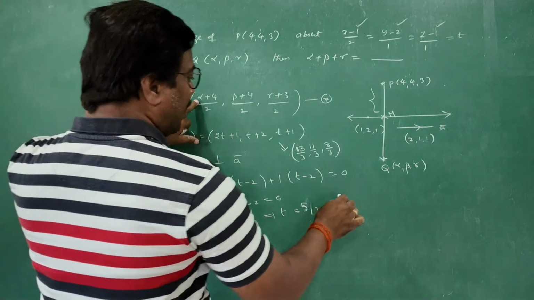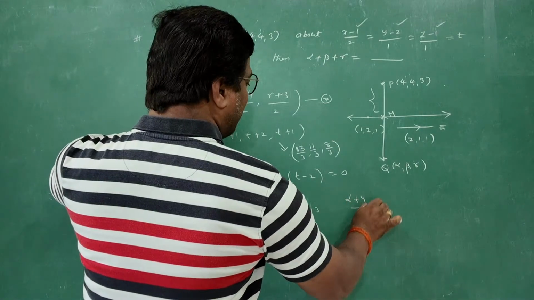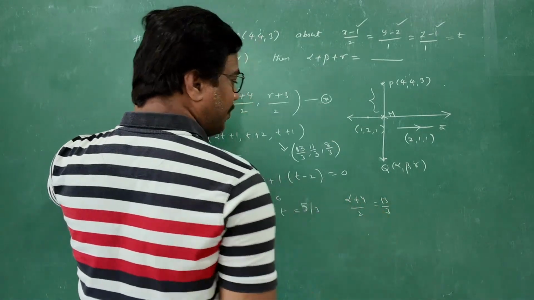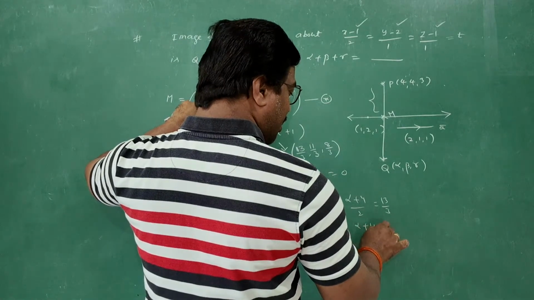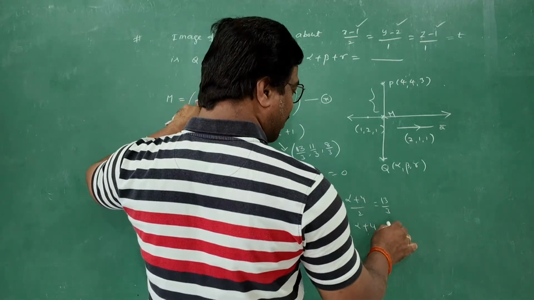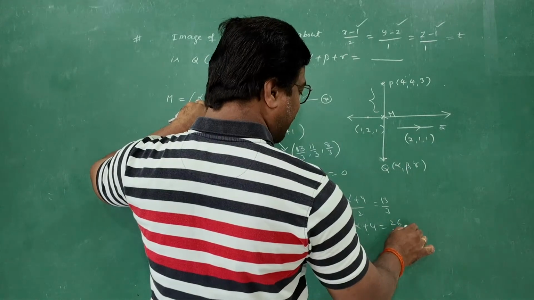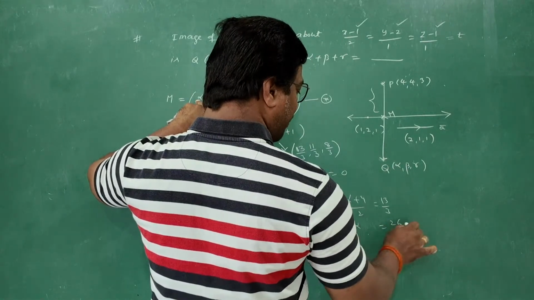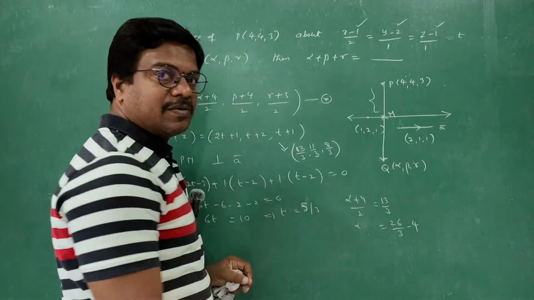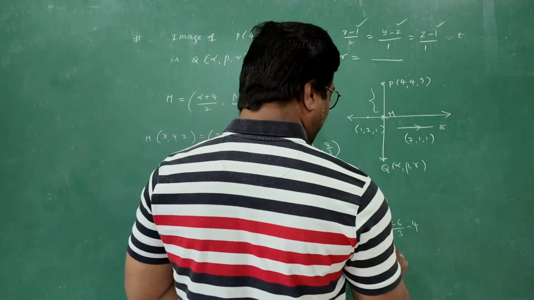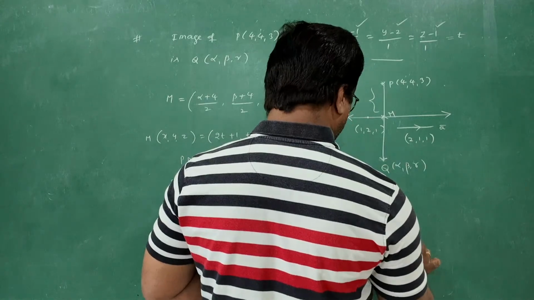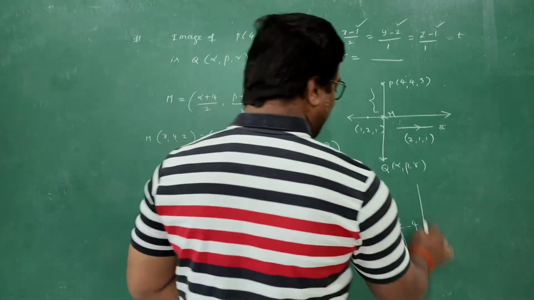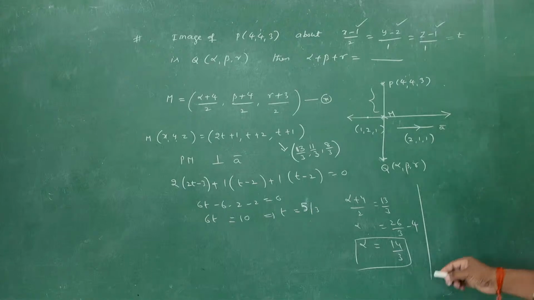Yes. Alpha plus 4 divided by 2 equal to 13 by 3. On calculating alpha, alpha plus 4 equal to 26 divided by 3 and alpha becomes 26 by 3 minus 4. So alpha is 14 by 3. Similarly, you need to find beta.